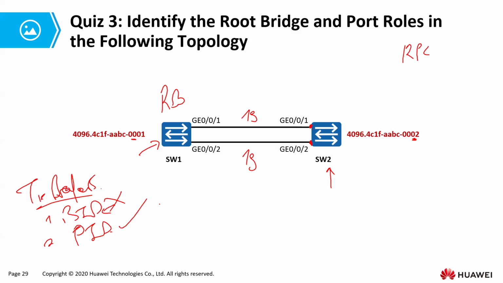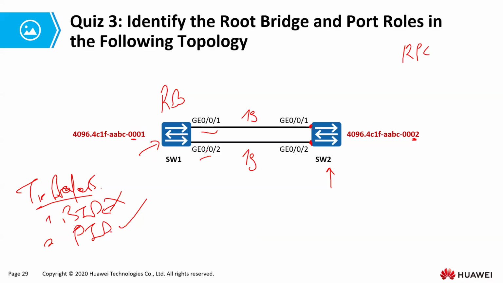The port ID is an identifier specific to a port. Ports differ in their identifier. We start with priority, which is the same, then we go to the ID itself. The ports differ: if you take a look, this one is called G001, and this one is called G002.